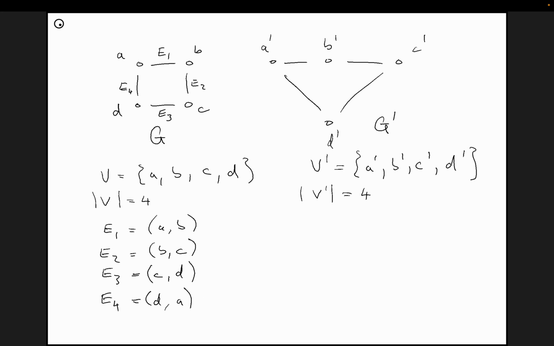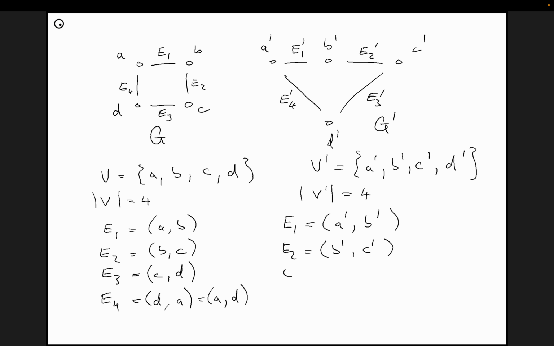Or as it's undirected, we can also call it AD. And here on the right side with G prime, we've got E1 prime, E2 prime, E3 prime, E4 prime. E1 prime is A prime, B prime. E2 is B prime, C prime. E3 is C prime, D prime. And E4 is A prime, D prime.